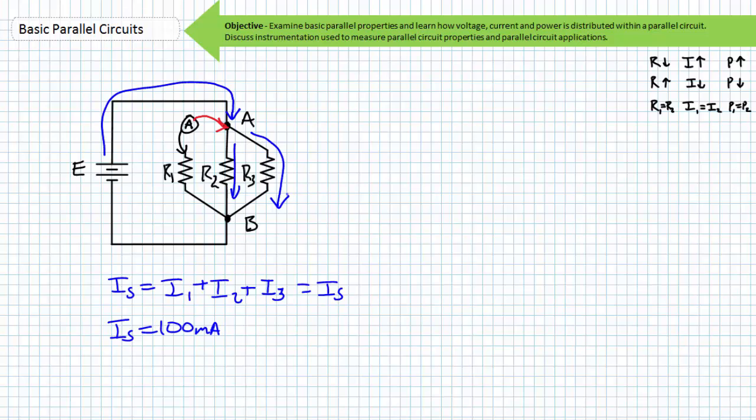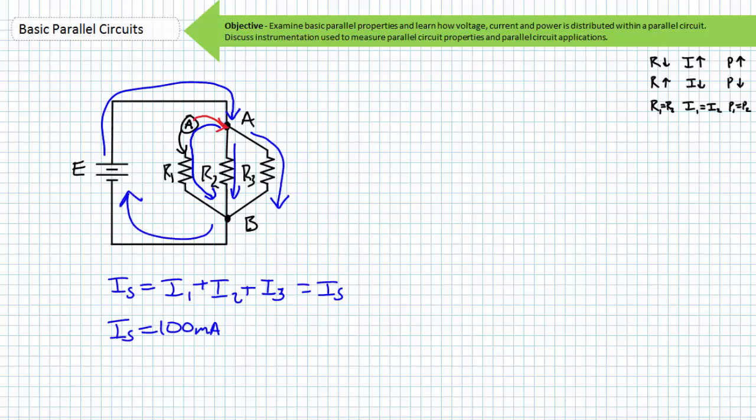However, the current bound for resistor 1 goes into the ammeter and the ammeter only, out of the ammeter, into the high lead of resistor 1 and resistor 1 only, out of resistor 1 and into node B, rejoining I2 and I3, which recombine into the source current and continue on to the negative terminal of our source.